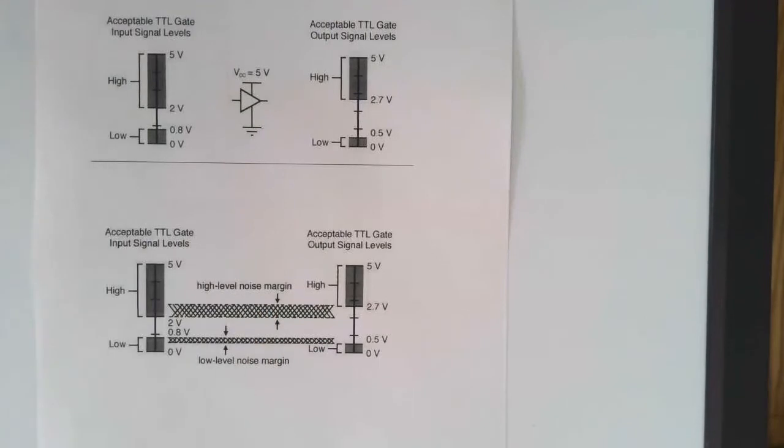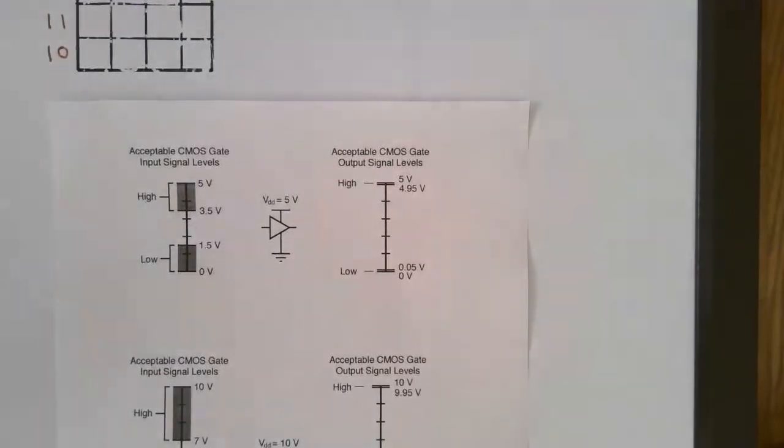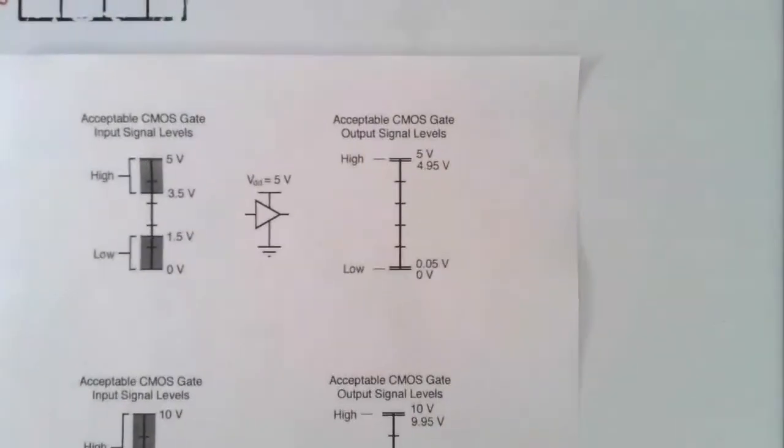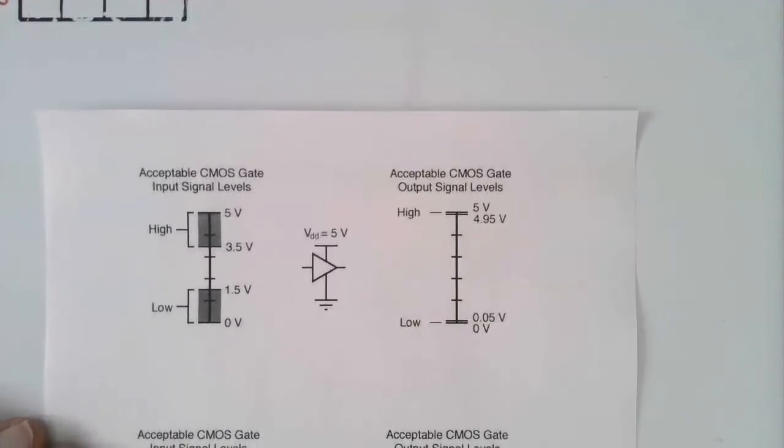Now let's take a look at CMOS. CMOS is very different. First of all, we'll notice that the input signal levels for CMOS are not terribly different.